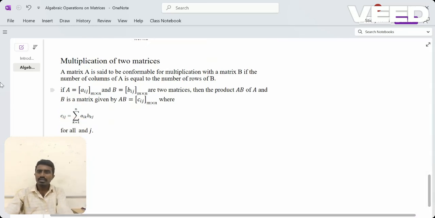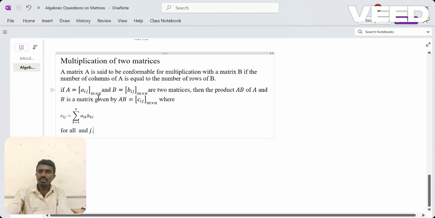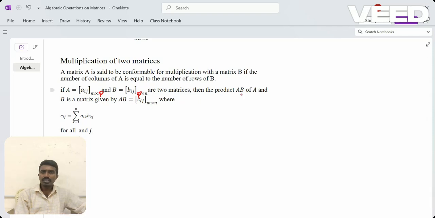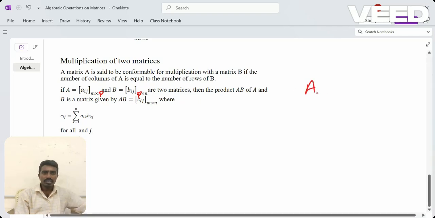More precisely, if A equals A_ij, whose order is M by P, and B's order is P by N, then the product matrix AB has order M by N. Note that A is a matrix of order M by P, and B is a matrix of order P by N. That means the number of columns of the first matrix equals the number of rows of the second matrix.